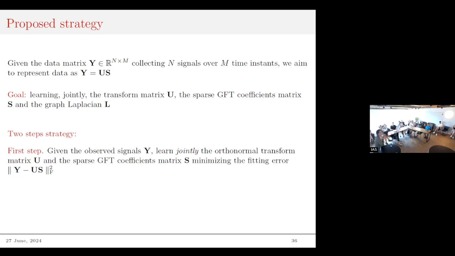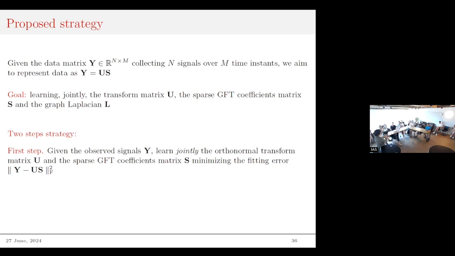I have to learn both U and S. I learn the basis and the signal in order to make the representation of the signal over the learned graph a sparse representation.